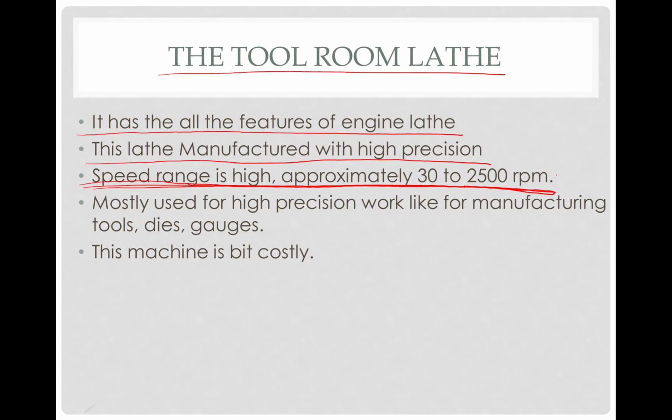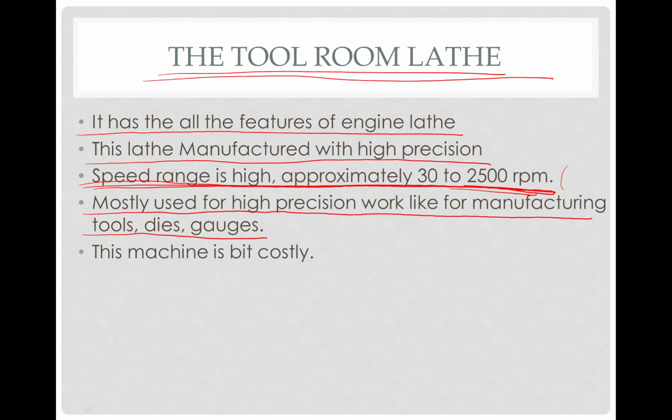That means we have many steps from quite low to quite high range of rpm. Mostly used for high precision work, like manufacturing tools, dies, and gauges. That's why we call it a tool room lathe. This machine is a bit costly as compared to the same size engine lathe.